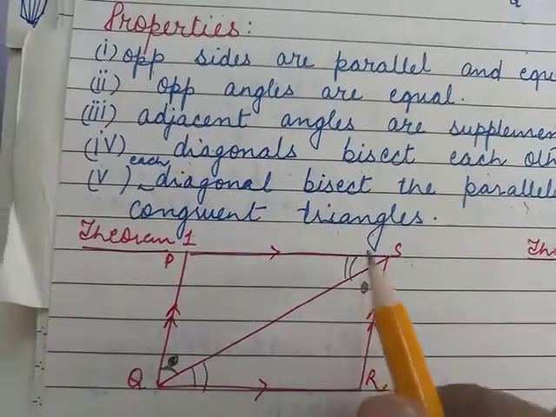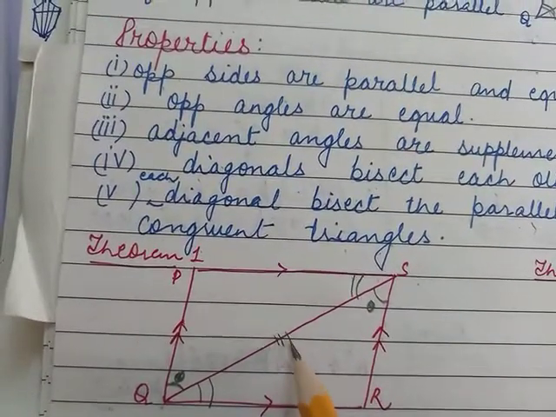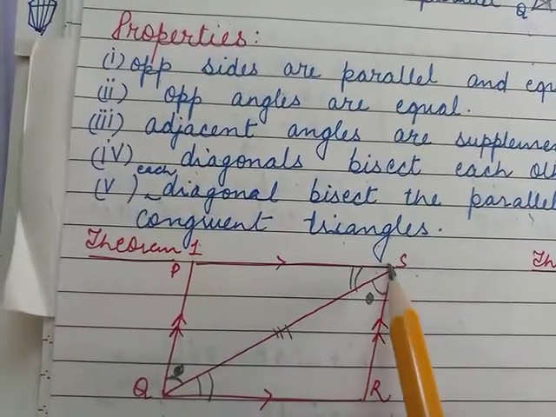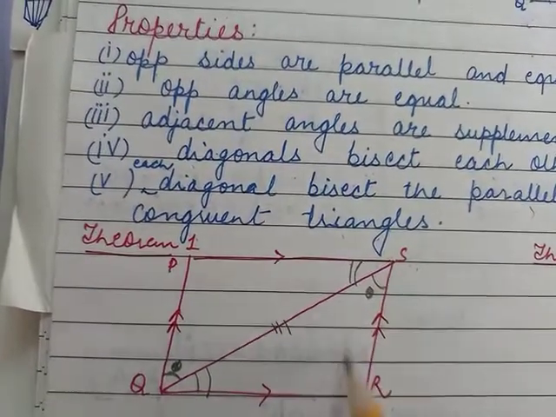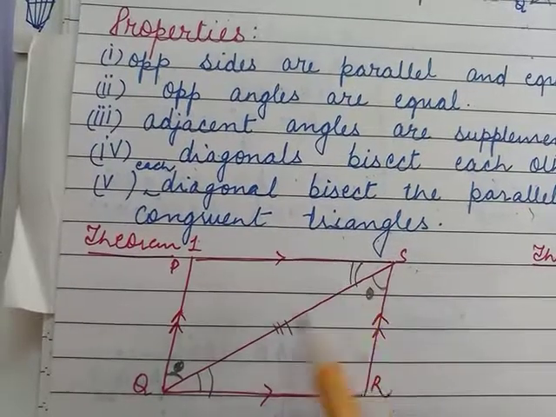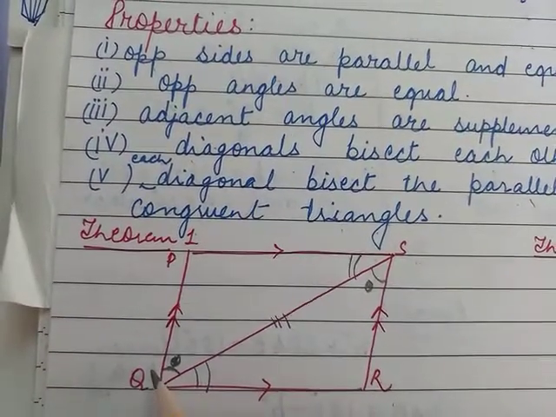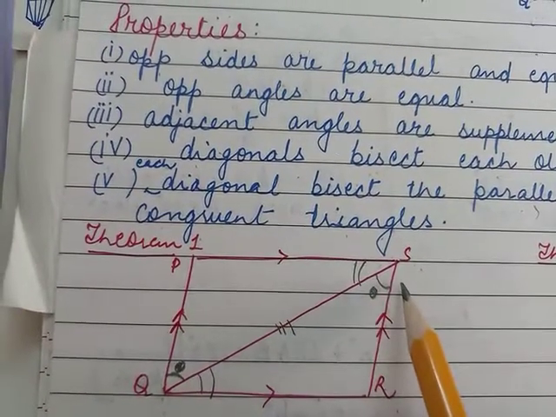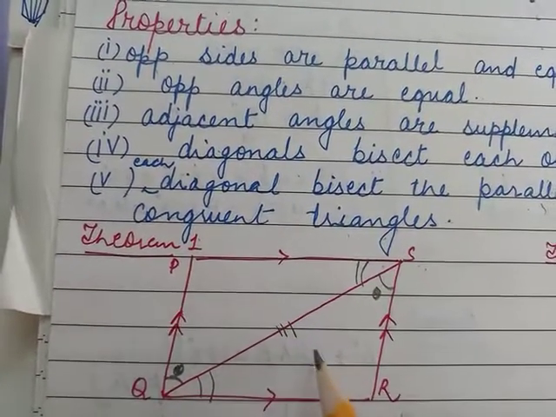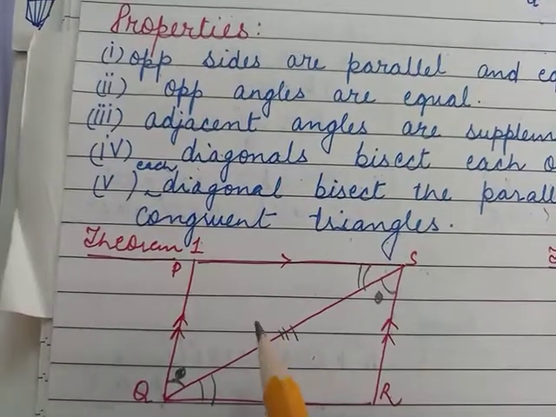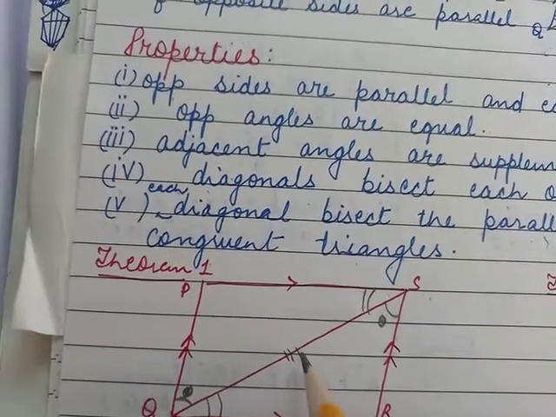And this line QS is common to both triangles. So I am considering triangles PQS and QRS. Angle S is equal to angle Q, here angle Q is equal to angle S, and this line QS is common. Therefore, the two triangles are congruent under the condition of ASA.